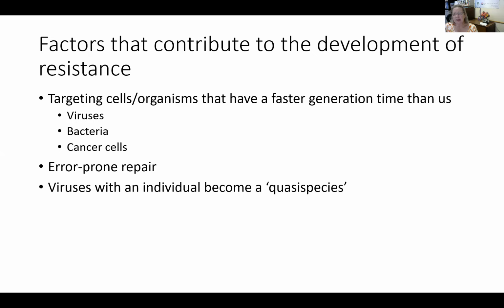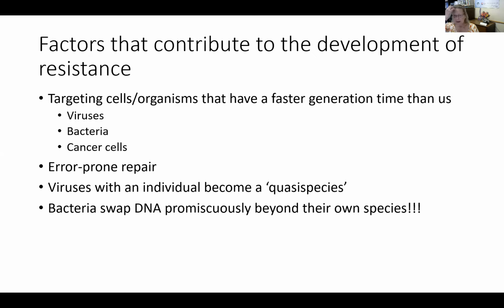And if you look at the HIV in one individual, there are a number of different variants of that virus. And you can actually track where someone got HIV based on the presence of variations within the genome of the virus.